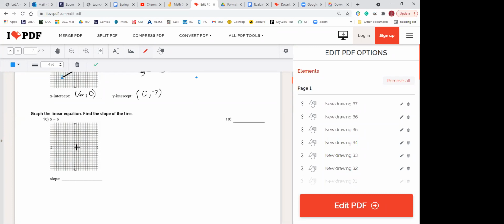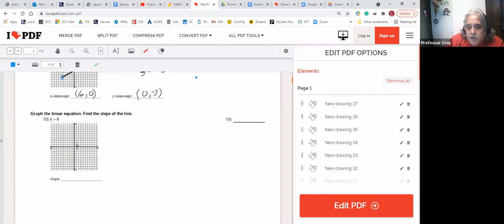All right, so x is equal to 6 would be 1, 2, 3, 4, 6. And if we just keep going up here and keep going down here, all right, that's x equal to 6. Notice that x equal to 6 is right here on that x-axis, and x is always equal to 6, even when y is changing.